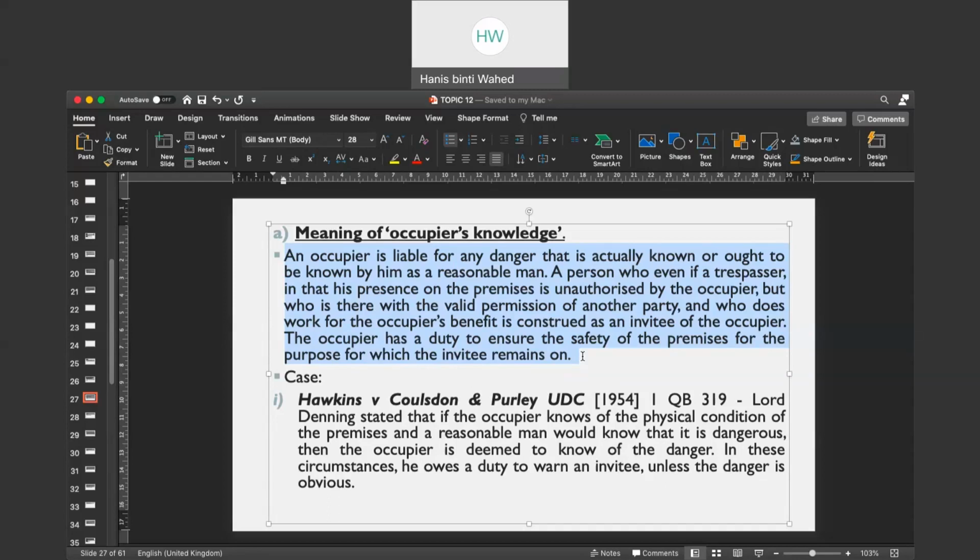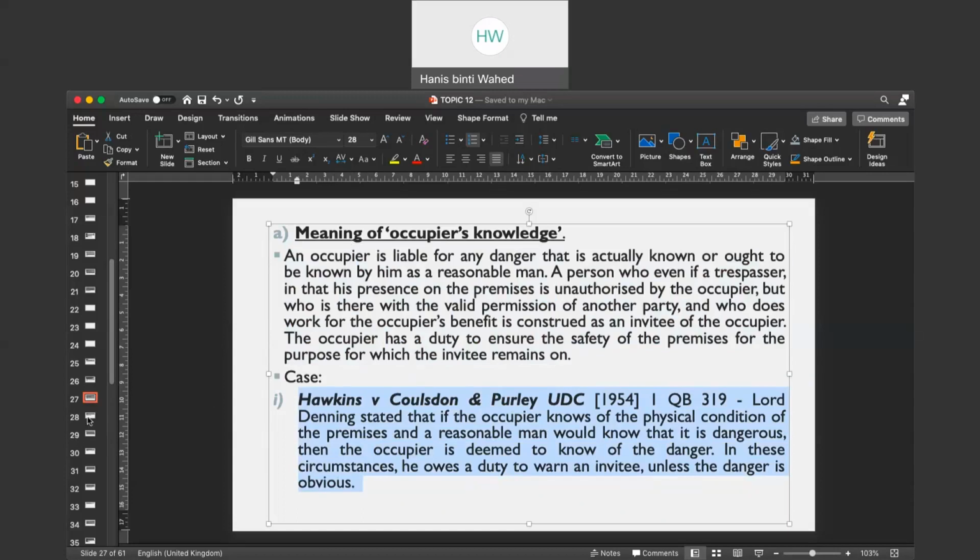For this one, you can refer to the case of Hawkins. In this case, Lord Dennis stated that if the occupier knows of the physical condition of the premises and a reasonable man would know that it is dangerous, then the occupier is deemed to know of the danger. In these circumstances, he owes a duty to warn an invitee unless the danger is obvious. Okay, that's the first factor.